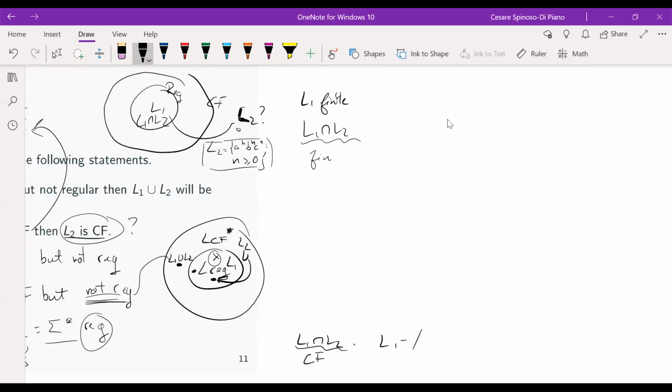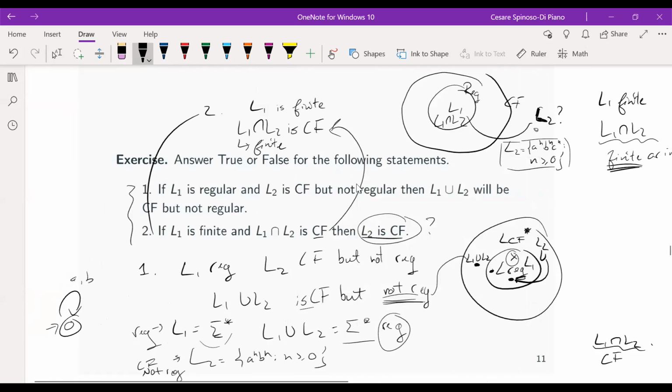Is this going to be finite or infinite? Finite. Okay. This is actually going to be finite, okay? So the fact that it's finite means that these two conditions here, L1 is finite and L1 intersect L2 is context-free, are true.